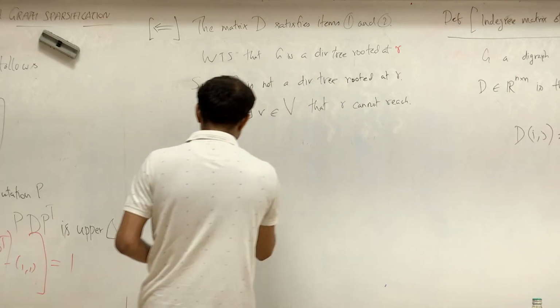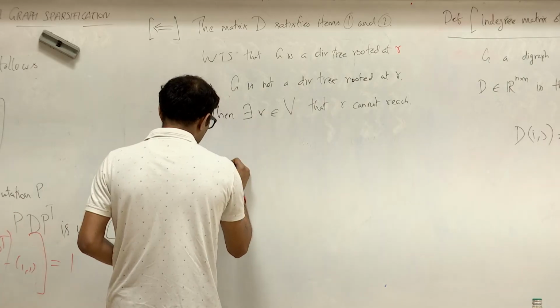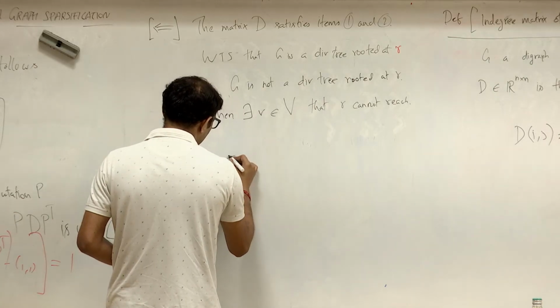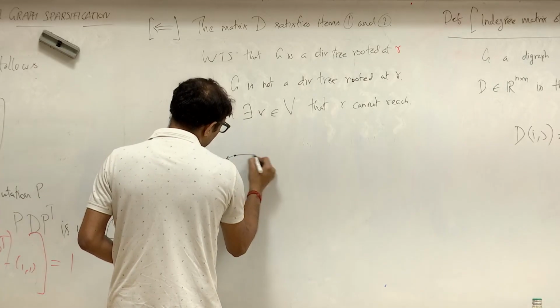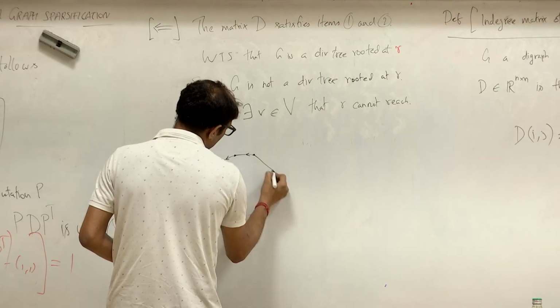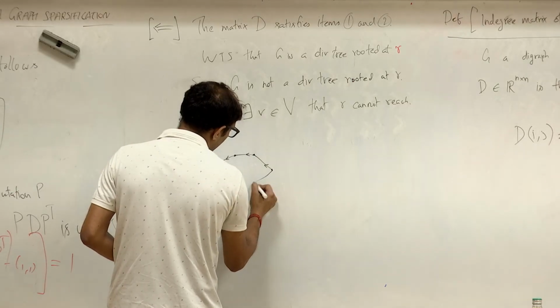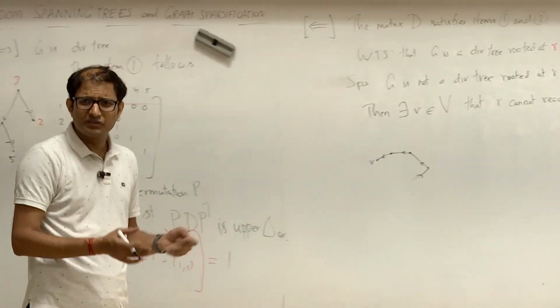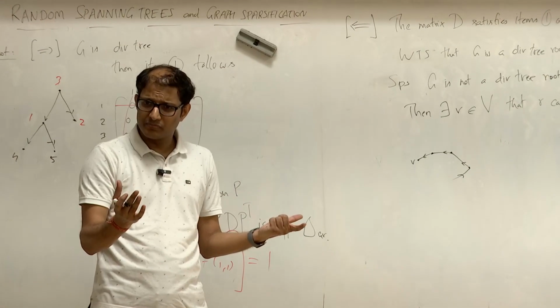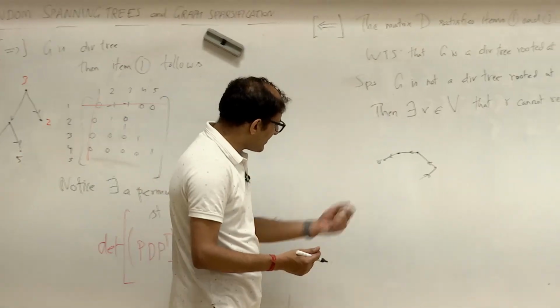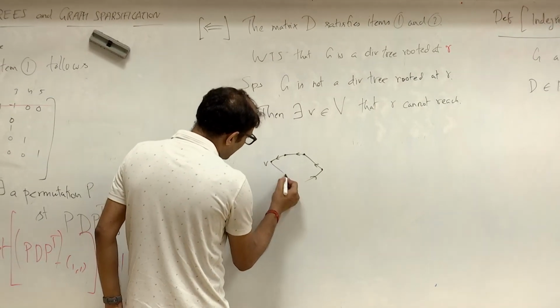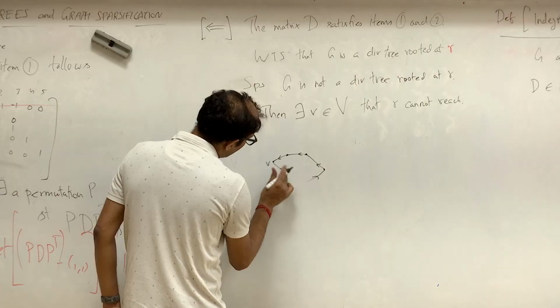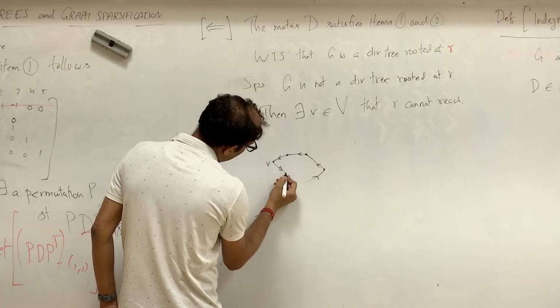Because think about this, that there is this vertex V, it has in degree 1, right? I know that G is not a divergent tree. If it was a divergent tree, R would have reached everybody, right? So what must happen is that this thing closes off into a cycle this way.